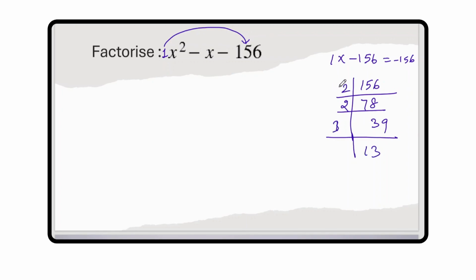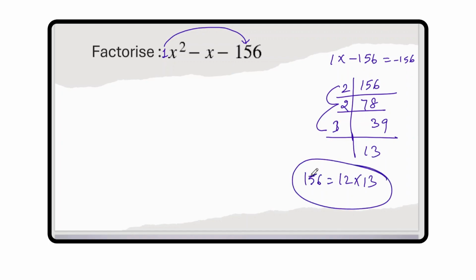So you can see 2 2s are 4, 3 4s are 12, 12 into 13. That means 156 can be written as 12 into 13.